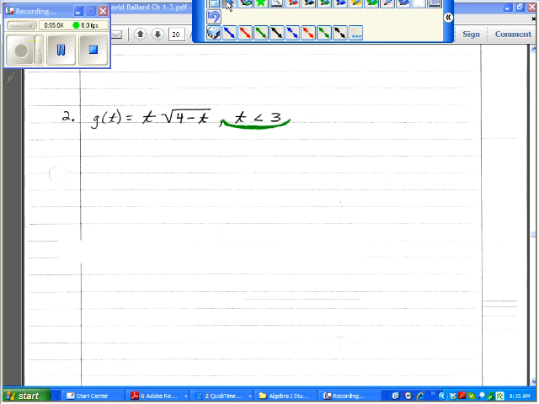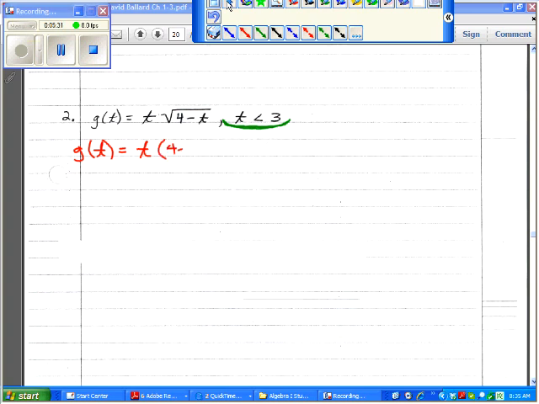We want to find any critical numbers that are within the interval of t is less than 3. Okay? All right. So the first thing we want to do is find the derivative, and to do that, we're just going to rewrite the function. So we're going to have g of t is equal to, how would we rewrite that?